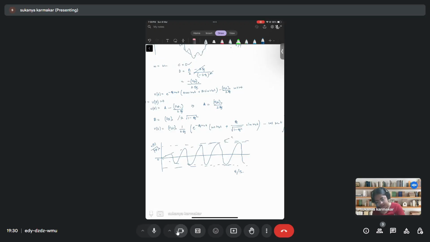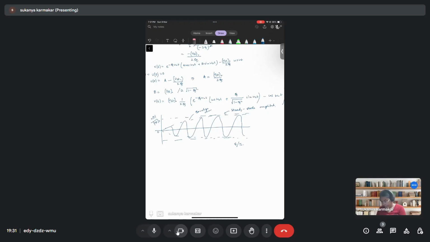This is the steady state amplitude, and this line is the envelope curve. And what will be your bounding value, that is when t becomes large?